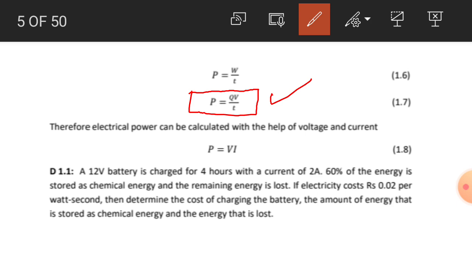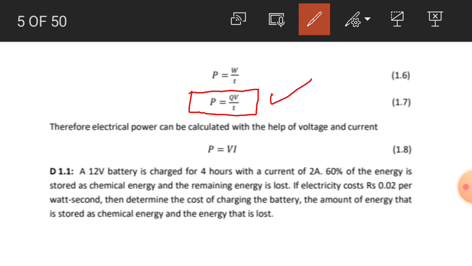And as I have already mentioned, the unit of the electrical power is watt. Well, the unit of the electrical energy is watt second.